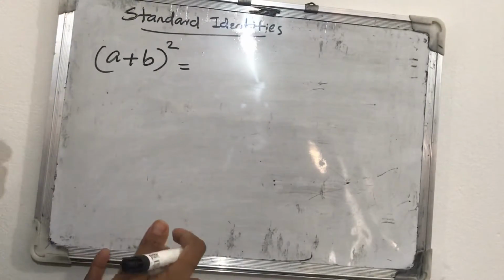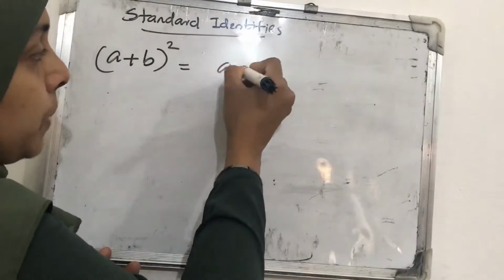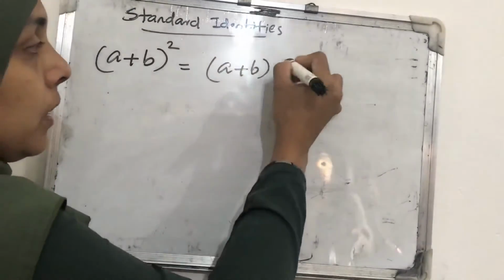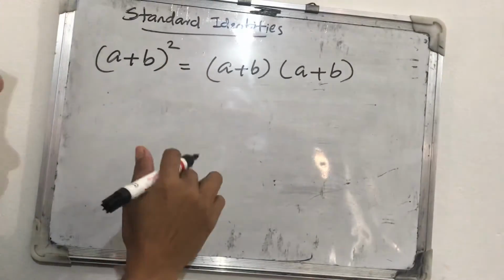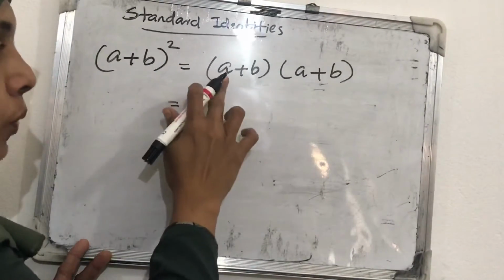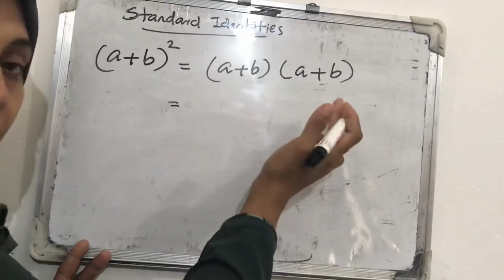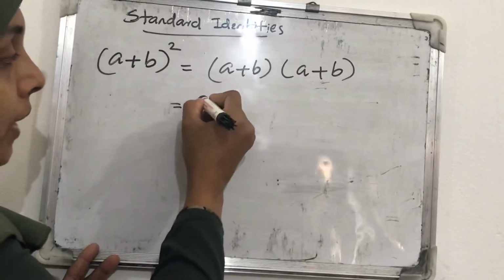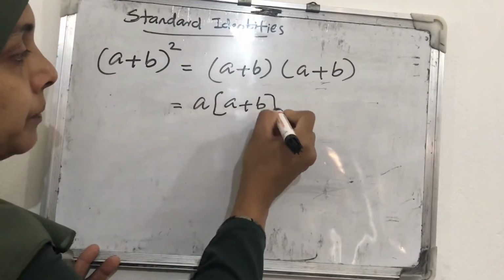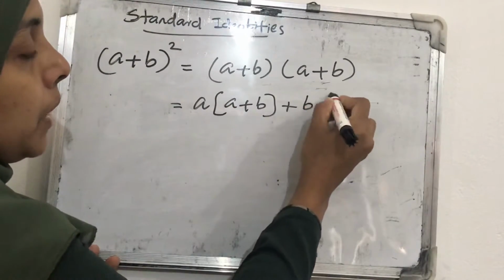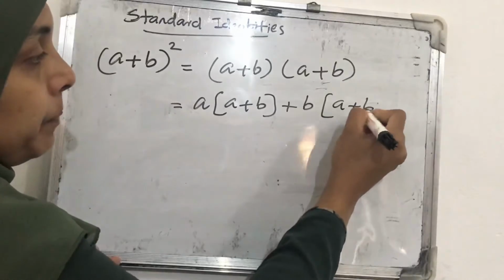Then (a plus b) whole square we can write as (a plus b) into (a plus b). When we multiply (a plus b) two times, we get (a plus b) whole square. When a binomial is multiplied by another binomial, first a multiplies with a plus b, then b multiplies with a plus b.